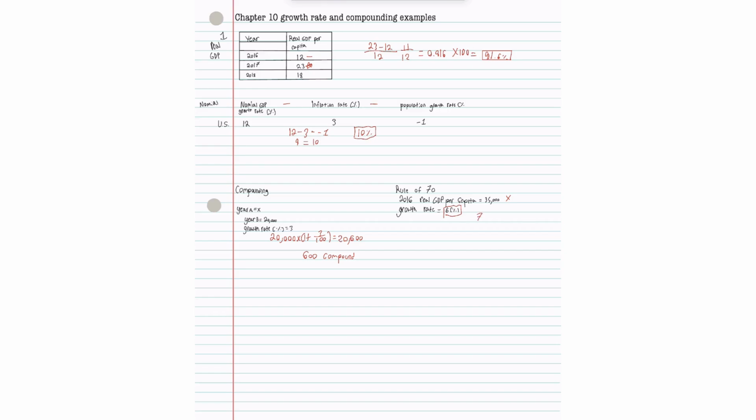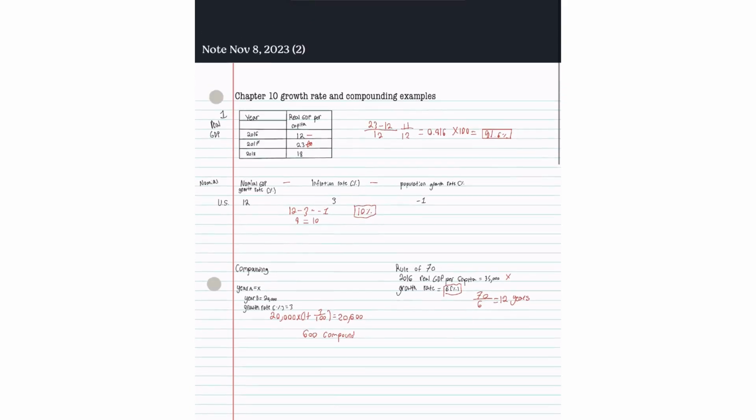All you have to do is have 70 over whatever your growth rate is. So in this case, it's 6, which doing that is going to give us 11.6. So we will say 12, round up to 12. So it'll be 12 years until income doubles again.